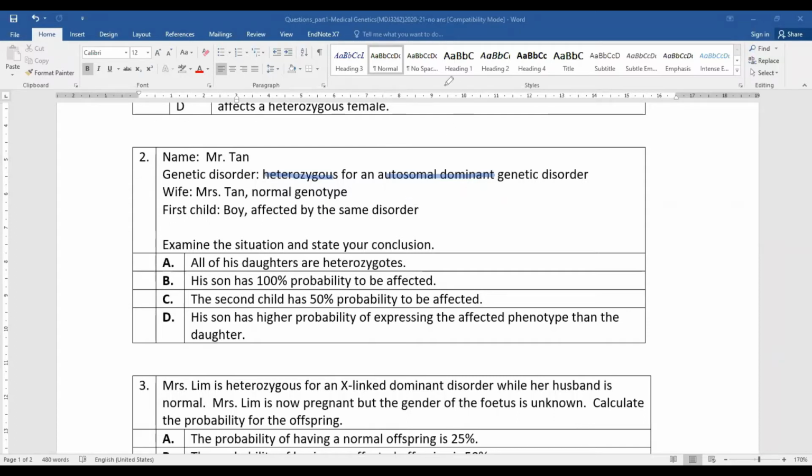Mr. Tan is heterozygous for an autosomal dominant, so his genotype would be capital A, small a, where the capital A is the dominant mutant allele, and the small a is the recessive, normal allele. Mrs. Tan has a normal genotype.